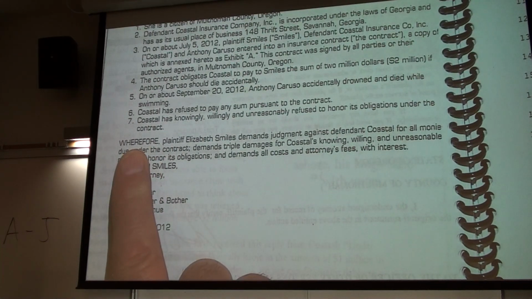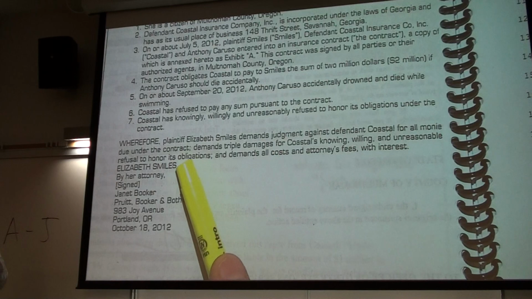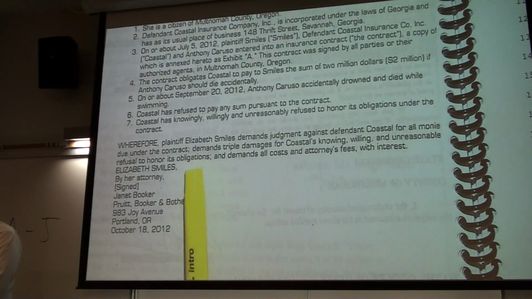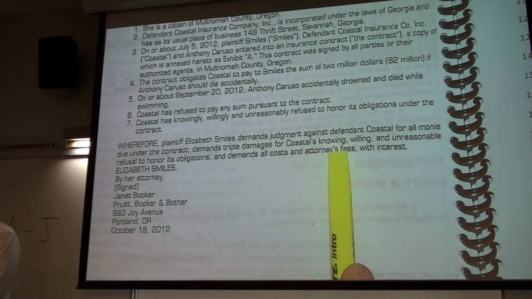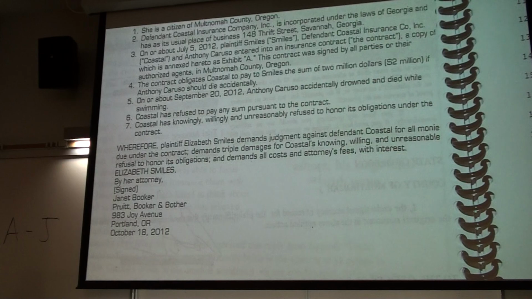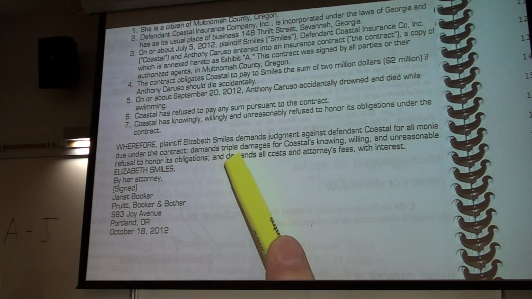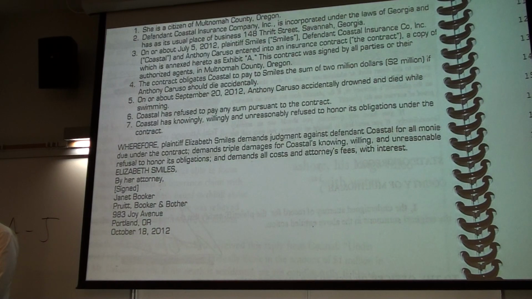Wherefore, Plaintiff Elizabeth Smiles demands judgment against the defendant Coastal for all money due under the contracts, that would be $2 million; demands triple damages for Coastal's knowing, willing, and unreasonable refusal to honor their obligations, so that would be an additional triple damages, so additional $6 million, and all costs and attorney fees along with interest.